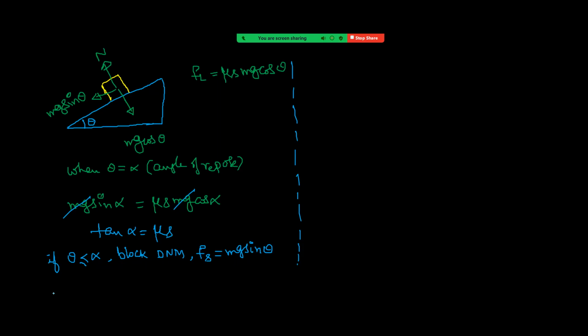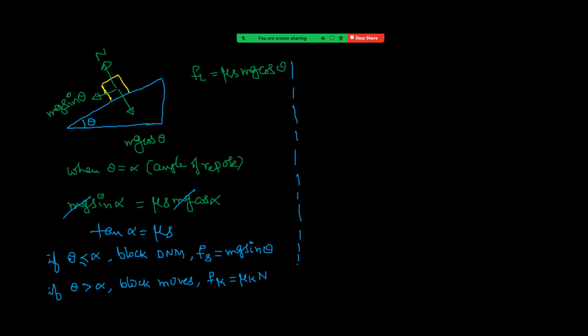Now the next case, if theta is greater than alpha, then the block moves. When the block is moving, the frictional force will be kinetic, which is equal to mu k into normal reaction, that is mu k mg cos theta.